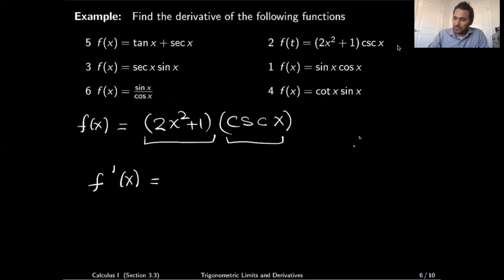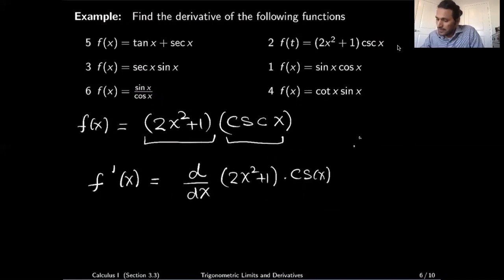Since this is a product rule, let's write down the product rule. The derivative of the first function, 2x squared plus 1 is our first function, and cosecant x is as it is, and then plus 2x squared plus 1 as it is, and we will multiply this to the derivative of cosecant x.